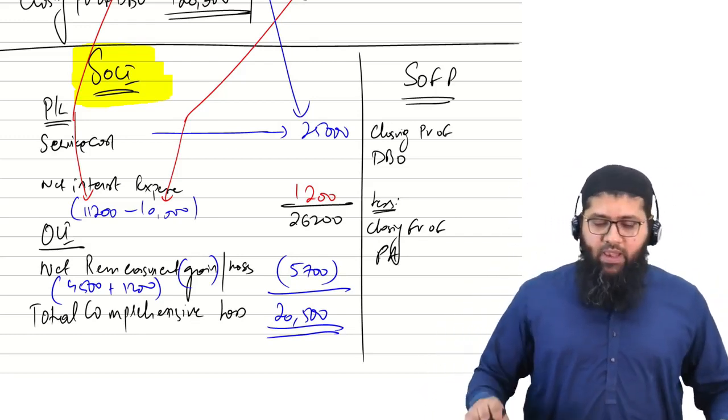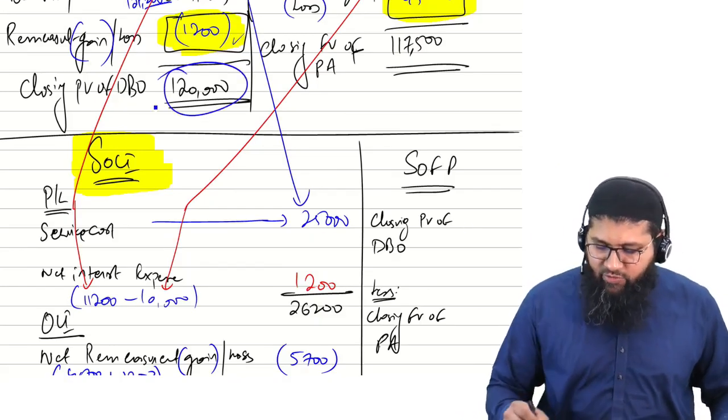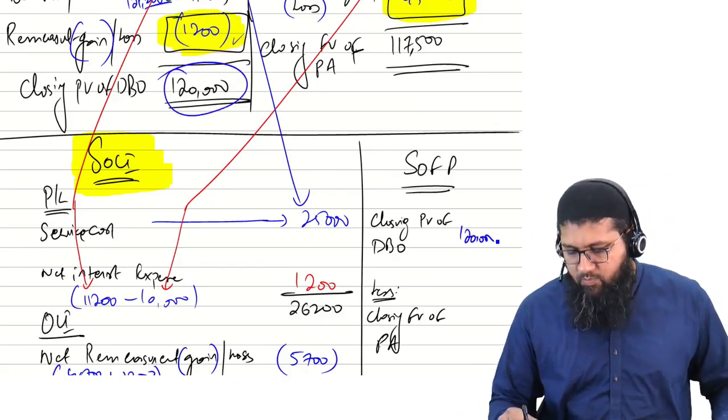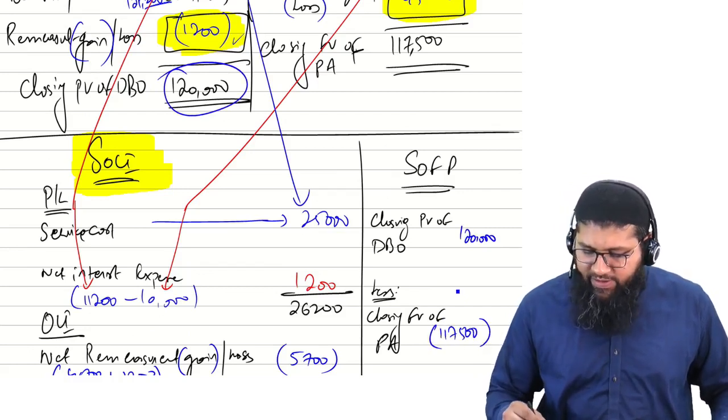So for example, here we have got the closing liability as 120,000 and we have got a closing asset as 117,500.